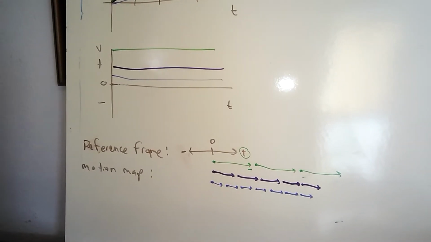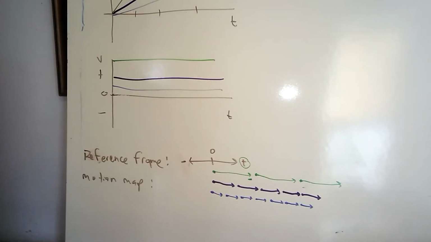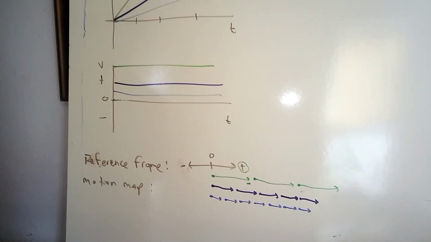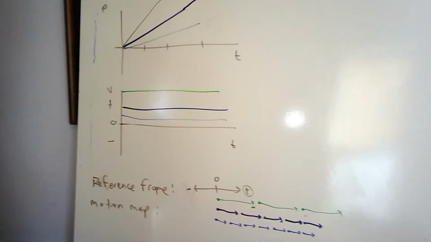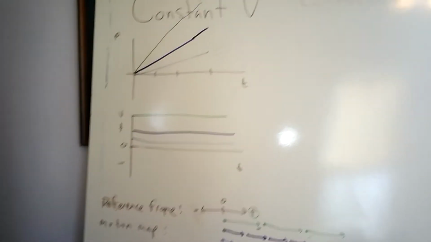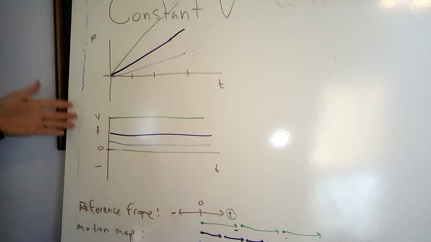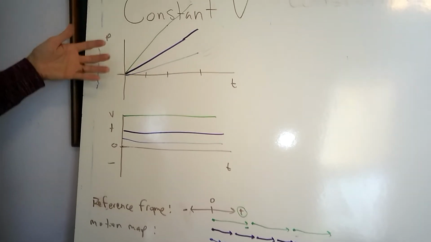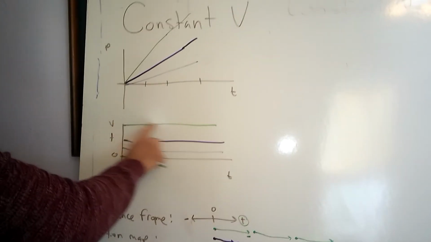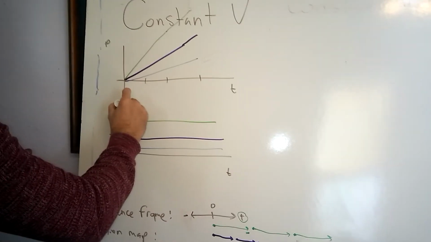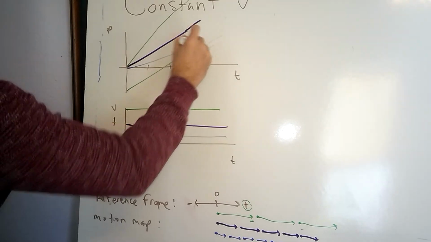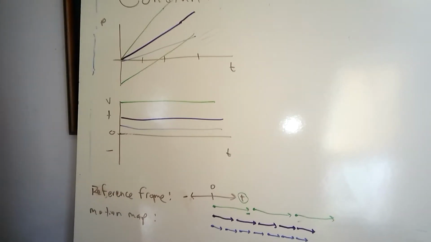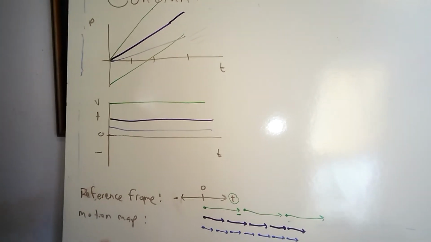So let's look at an example in the negative. But before we do that, actually, there's something else I can do. Remember that since your velocity time graph does not tell you where your position is, if you start with just the velocity time graph, you get to make a lot of choices about your position, and they just need to remain consistent. So an example is this green line. I could have started here on the position time graph, and if I drew the same steepness, it would also be correct. The change I would need to make then is for the motion map for this one.